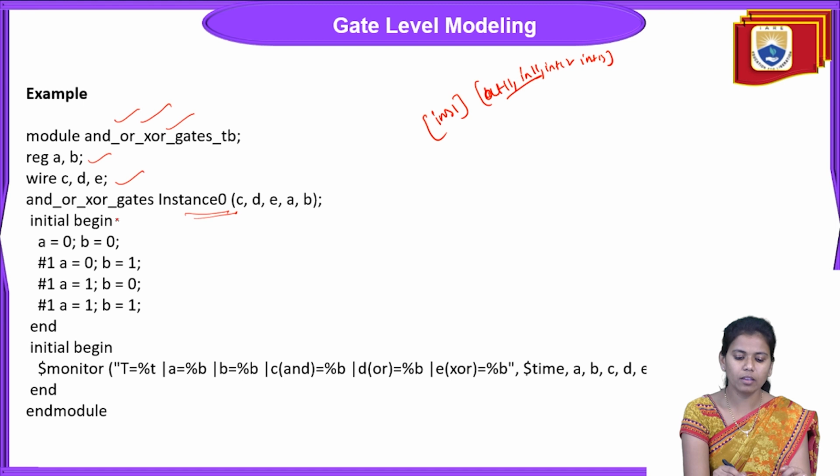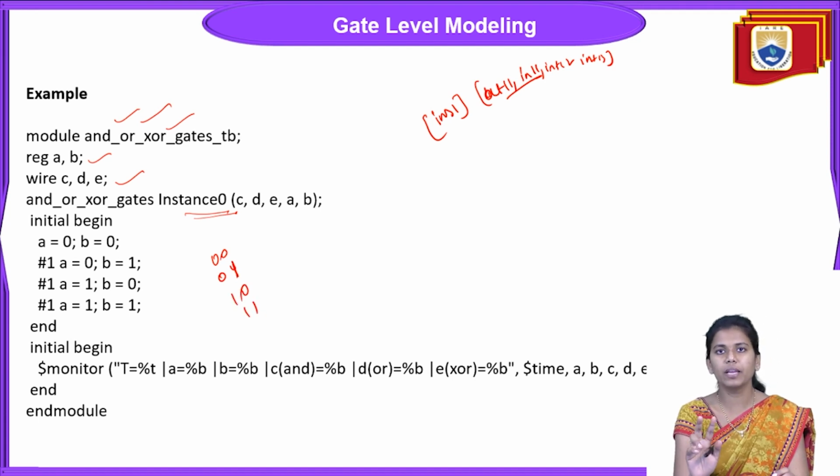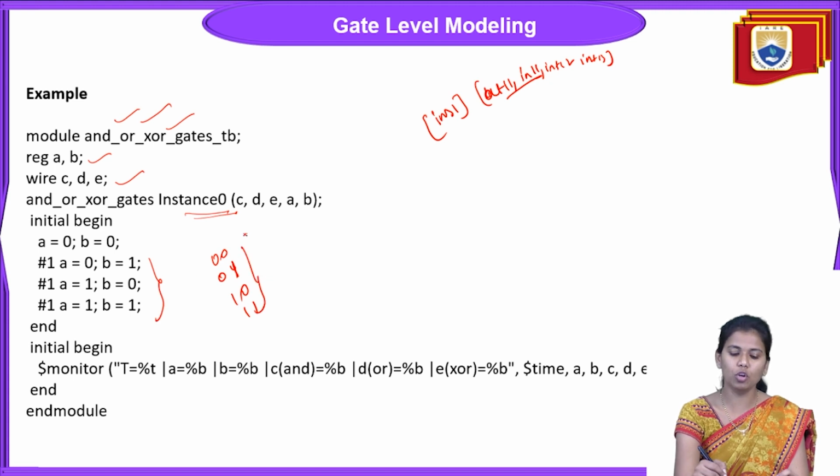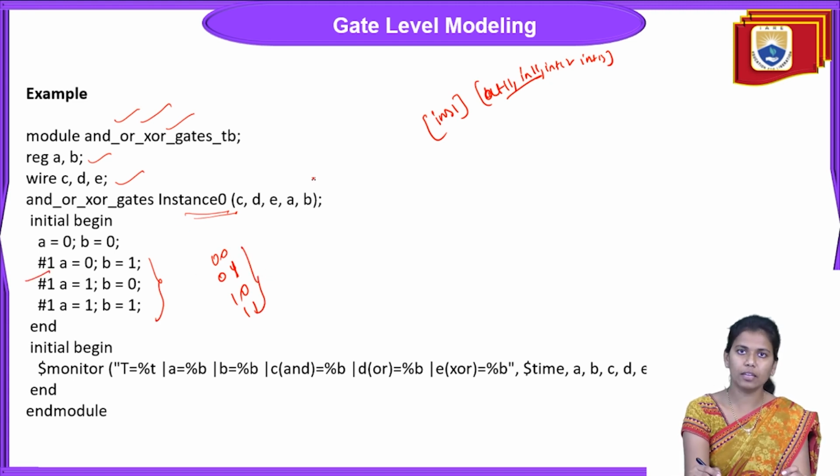And then I'm beginning my statement as initial begin, followed by the combinations 0 0, 0 1, 1 0 and 1 1. This is a basic two input bit. When your gate has only two inputs, these are the combinations that we follow, with a delay of 1 nanosecond. And I'm ending with end.